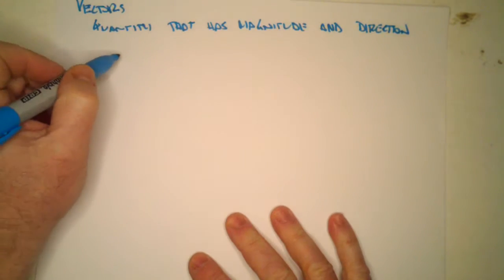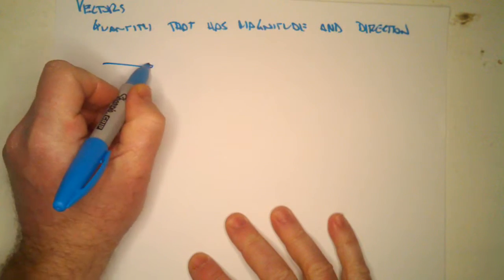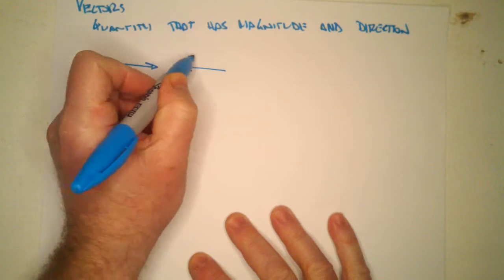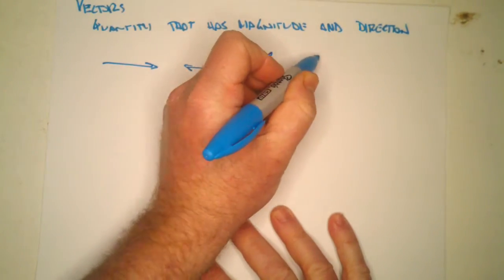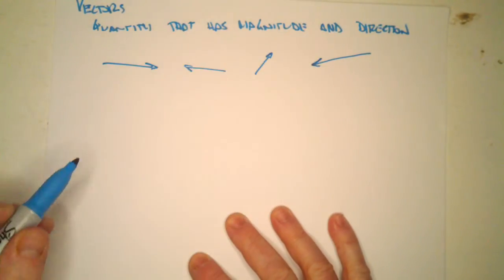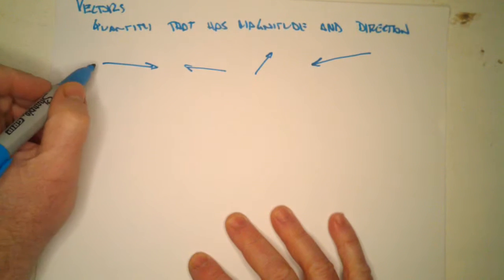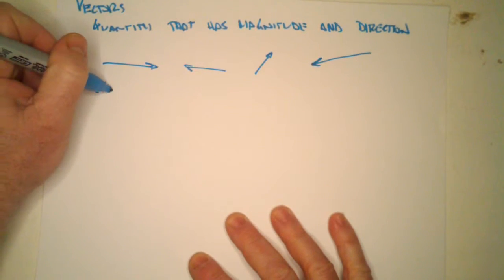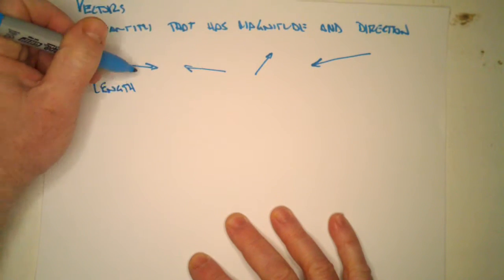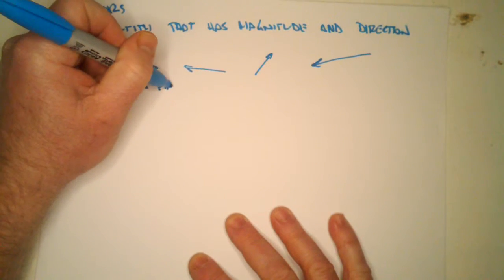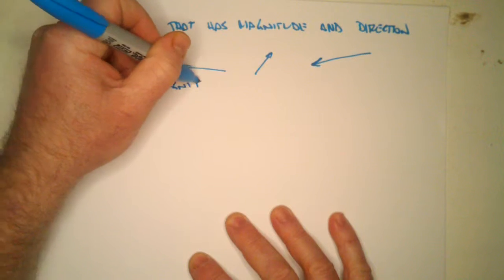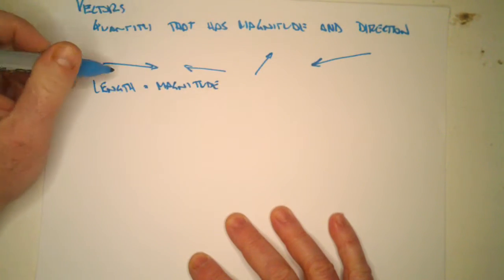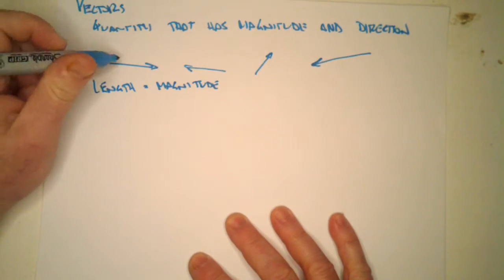And we represent them with arrows. The length of the arrow represents its magnitude. And the arrowhead points in the direction.